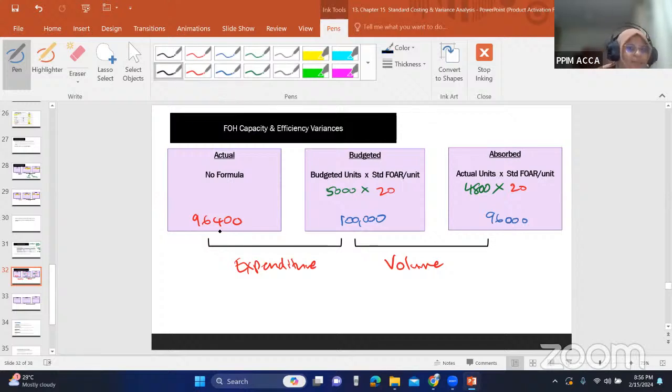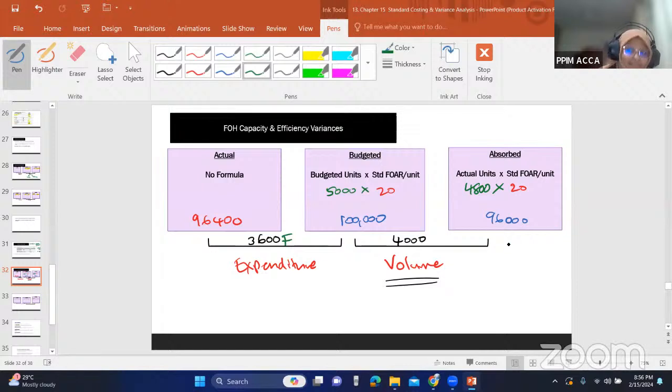Differences: 100,000 minus 96,400, 3,600. And here 96,000 minus 100,000, the difference is 4,000. I told you here for volume variance only, you have to be careful with the adverse and favorable. Expenditure is as normal. We were supposed to spend 100,000. We have spent less. That's a good thing. So this is going to be a favorable variance. Here, we were supposed to absorb 100,000 because that is the budgeted.